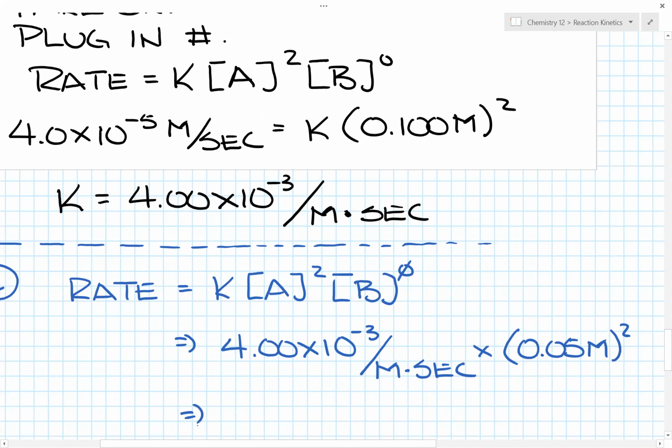And if I do that, 4 times 10 to the negative 3 times 0.05 all squared gives me 1.0 times 10 to negative 5 molarity per second.